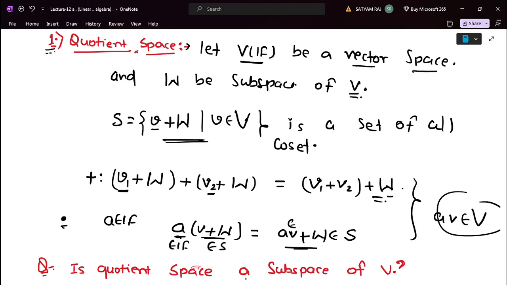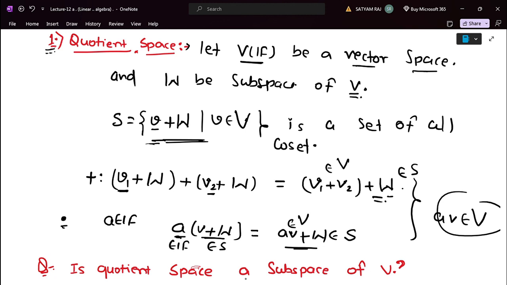Similarly, the sum belongs to S because v1 plus v2 belongs to capital V. So this is the operation we defined on this set.